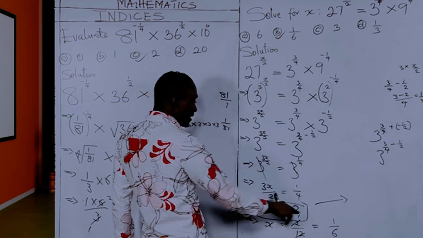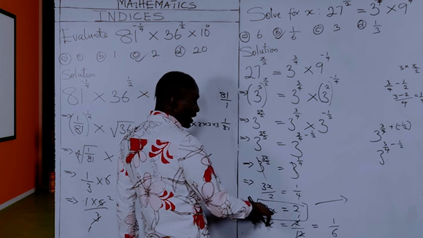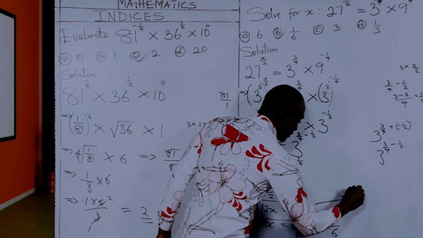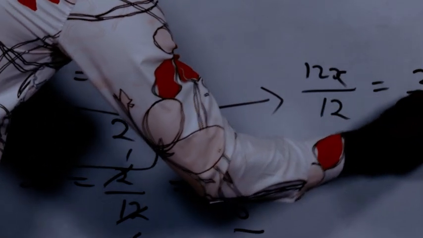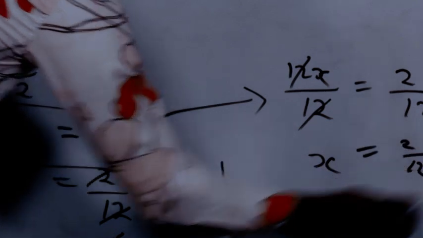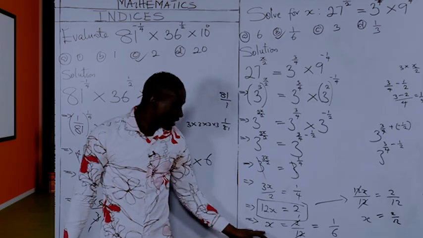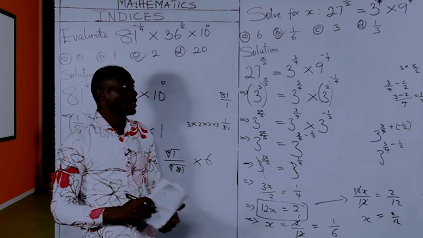Dividing both sides by 12 to eliminate the 12 here, this 12x over 12 equals 2 over 12. So this 12 will cancel this, we'll be left with x. And I have 2 over 12 here. So that's how I have x equals 2 over 12. All right, that is that.